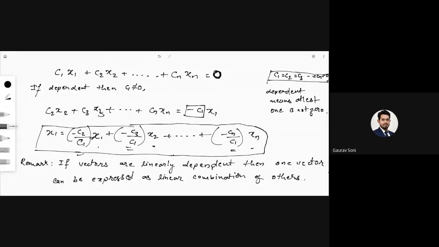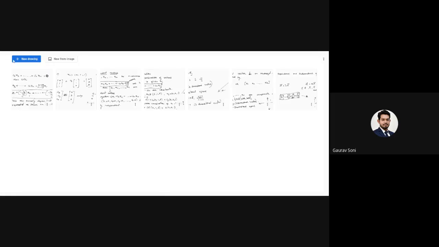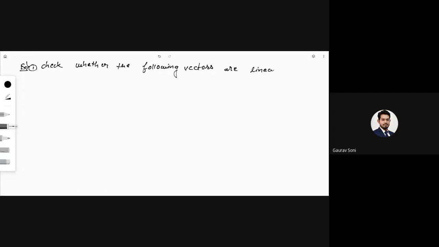Okay, so we'll move towards the examples now. Example 1. Check whether the following vectors are linearly dependent.